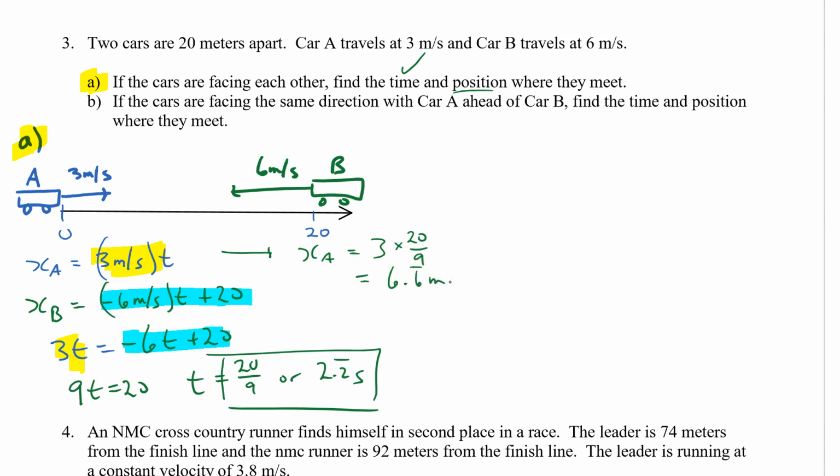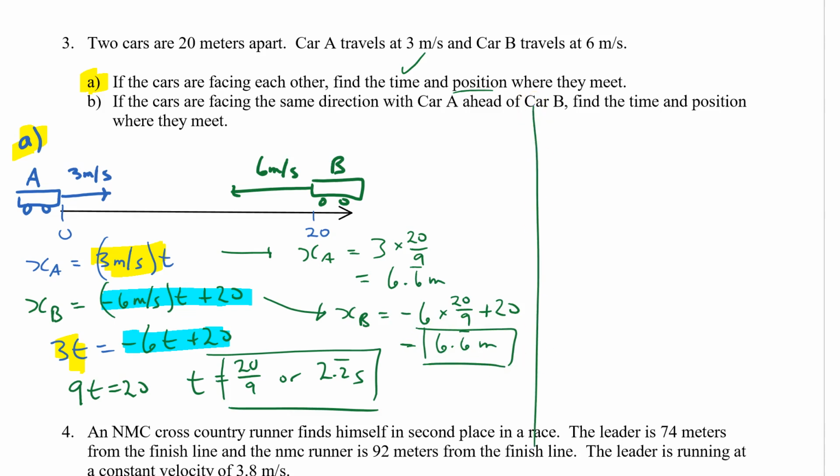I can also do a check with my other one and see if it works out the same. Where will car B be at that point? It's minus 6 multiplied by 20 over 9, plus 20. When I multiply that out, I do get the same thing: the 6.6 repeating meters position. So that's my answer for part A.